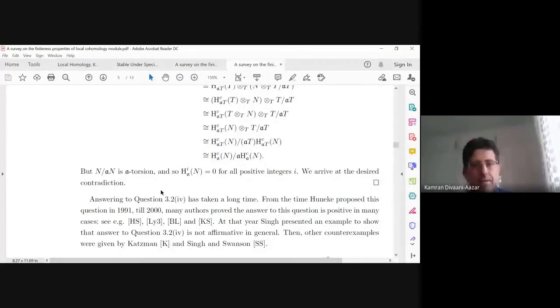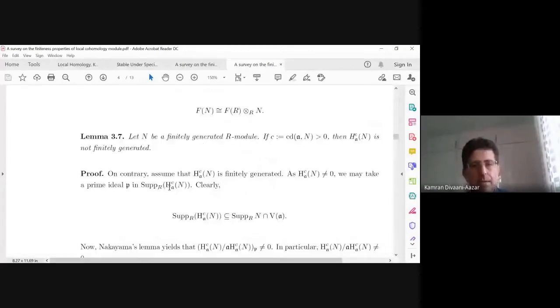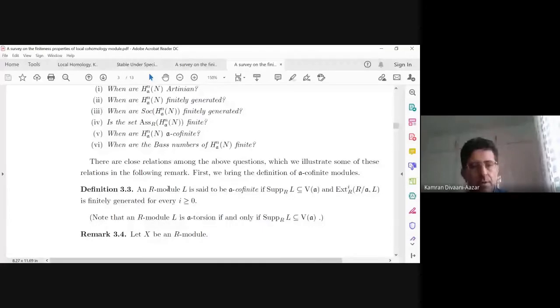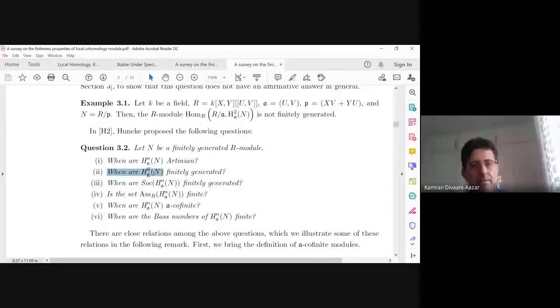So regarding the questions that we already asked, we find many examples that local cohomology modules are not finitely generated. For not being Artinian also, it's quite simple to find examples.